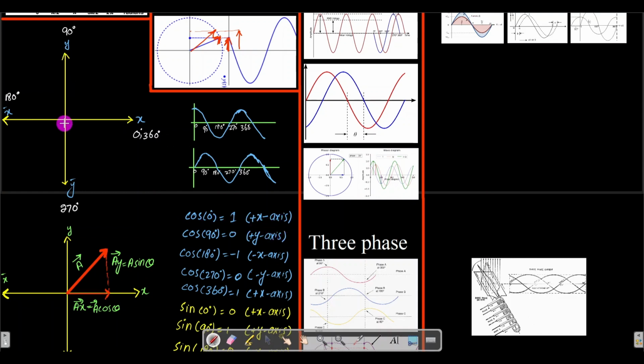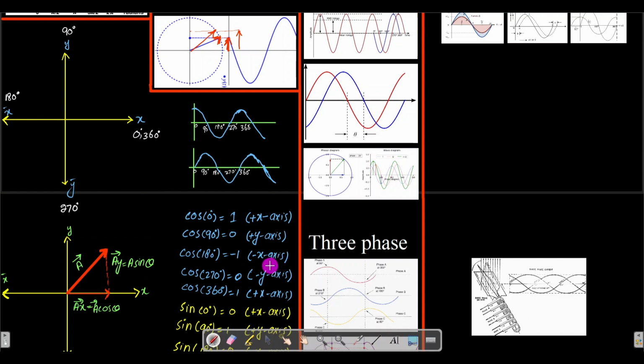Now for cos 90, cos is actually associated with the x axis, so for the y axis the cos value is 0, therefore cos 90 is equal to 0. Similarly, in this case the vector is present in the negative x-axis, so therefore cos 180 is equal to -1.